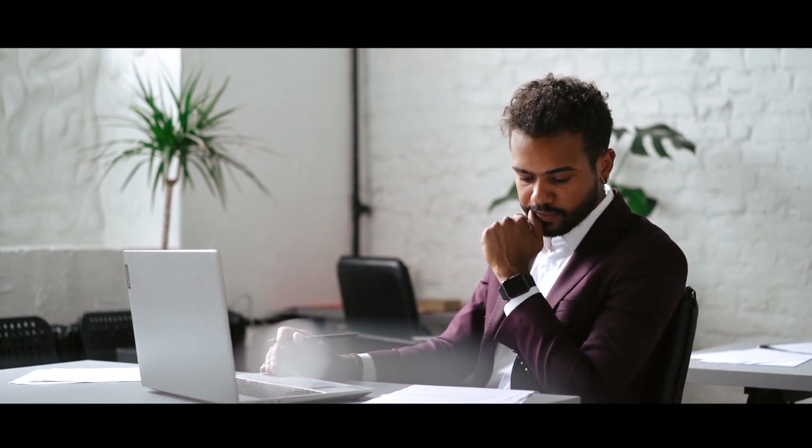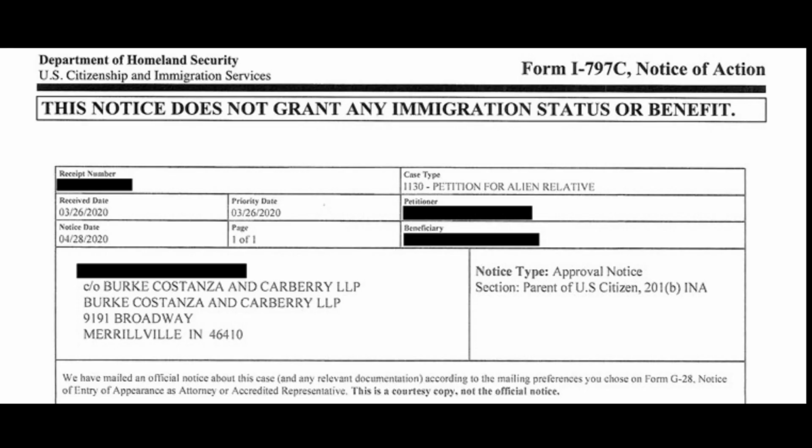The receipt number is a unique 13-character identifier that USCIS provides for each application or petition it receives. USCIS uses this number to identify and track its cases. The receipt number consists of 3 letters at the beginning, such as EAC or WAC, and then 10 numbers.